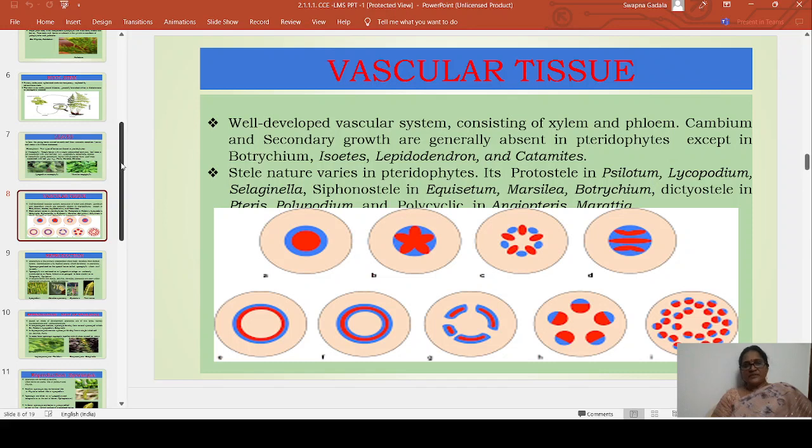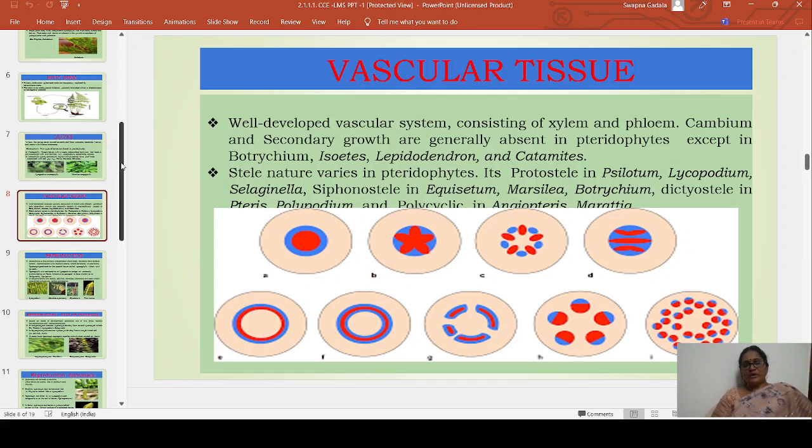Coming to the stele of the pteridophytes, various forms of steles we can see in pteridophytic genera, like protostele in Psilotum, Lycopodium and Selaginella. Protostele, we all know, is a basic, primitive type of stele in which xylem is surrounded by phloem, and medulla is absent. The next type of stele, siphonostele, is seen in pteridophytic genera like Equisetum and Marsilea.